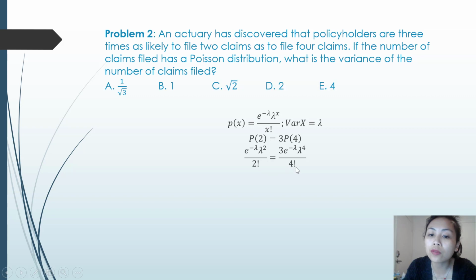We have 3 times 4, and 3 with 3 cancel, so we have lambda squared equal to 4. So lambda is 2, and the variance of X is lambda, which is 2. So D is the answer.